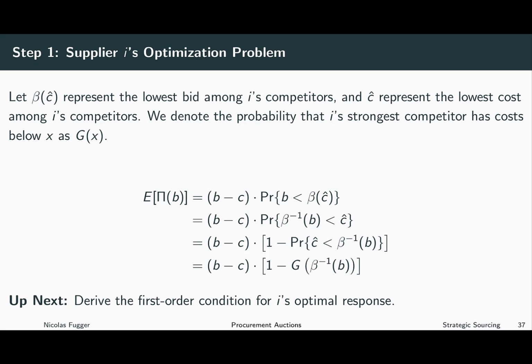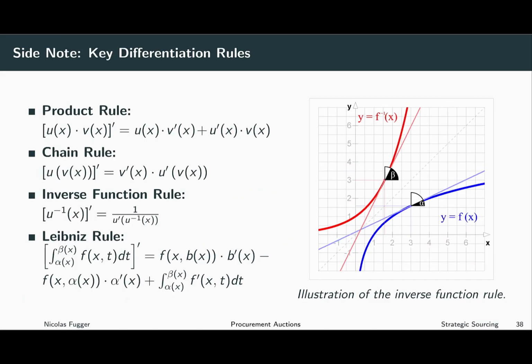And to do so, we take the first derivative of the expected profit with respect to the bid to see what bid optimizes expected profit. To derive the first order condition, we obviously need to take the first derivative of the expected profit, and to do so we need to apply some rules.